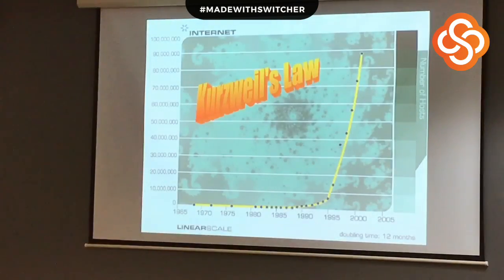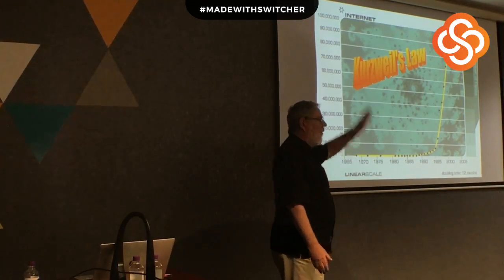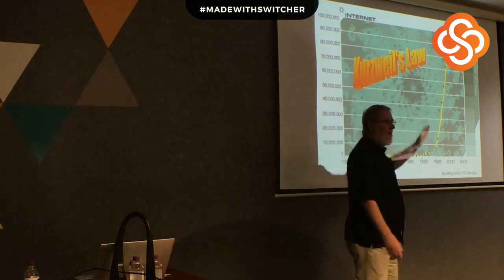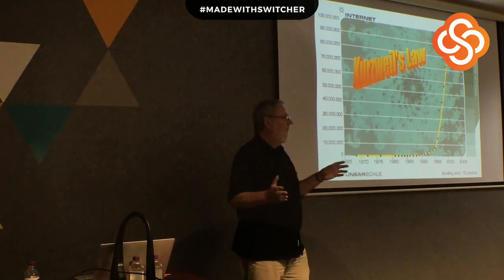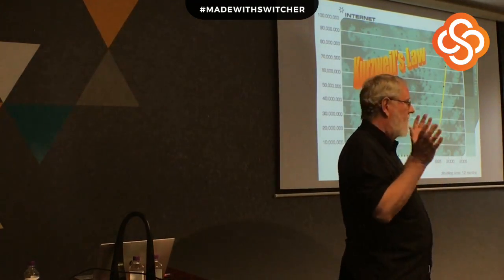Now, Kurzweil, he's the Silicon Valley millionaire, and he's written about the changes that happened. And he's looking at what happened in the 1990s when the World Wide Web came, an explosion. Changed everything. People were absolutely amazed how quickly this change came.